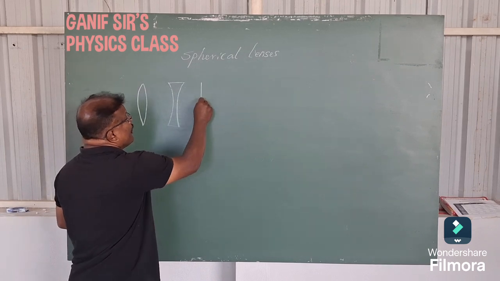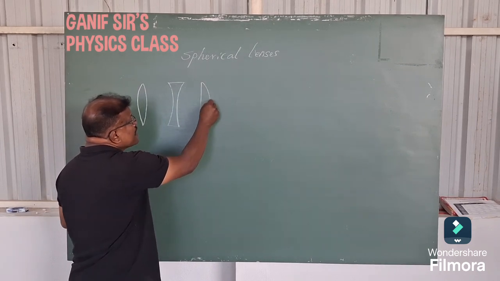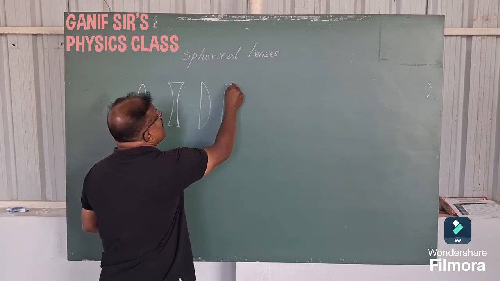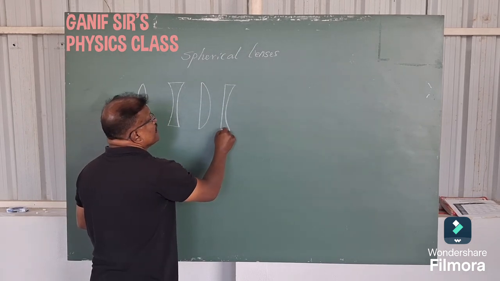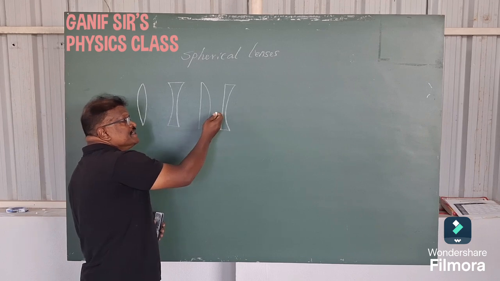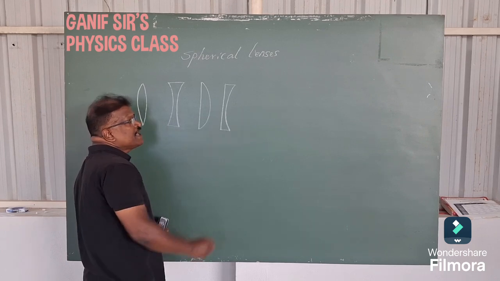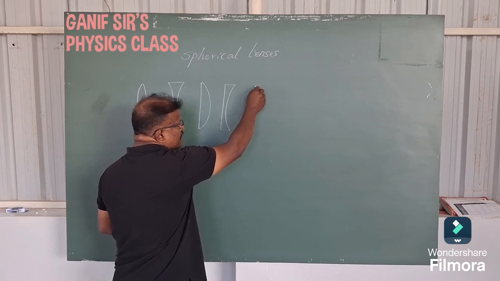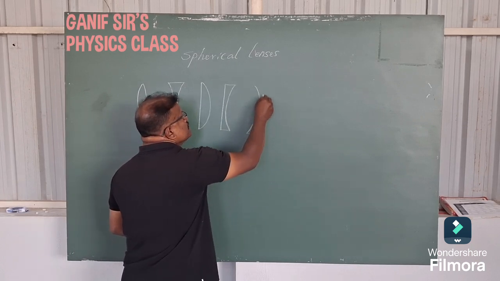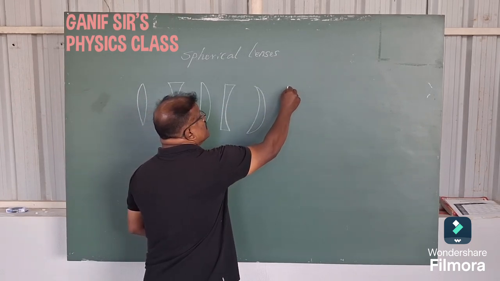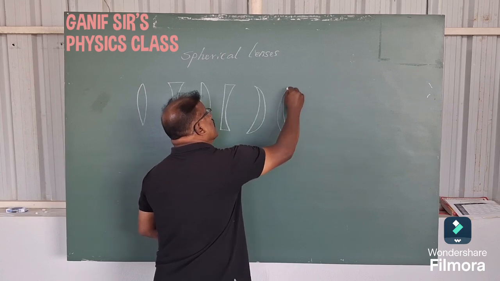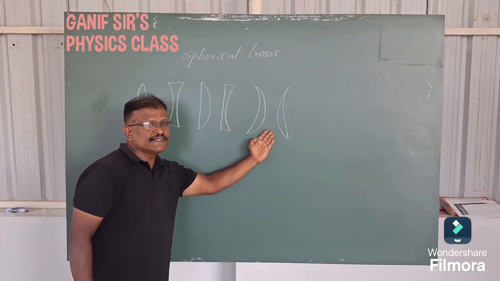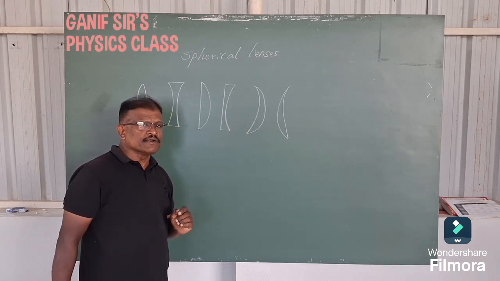This becomes a lens, and this also becomes a lens, because this transparent material has curved surfaces, and even this becomes a lens, because these surfaces have at least one curved surface.